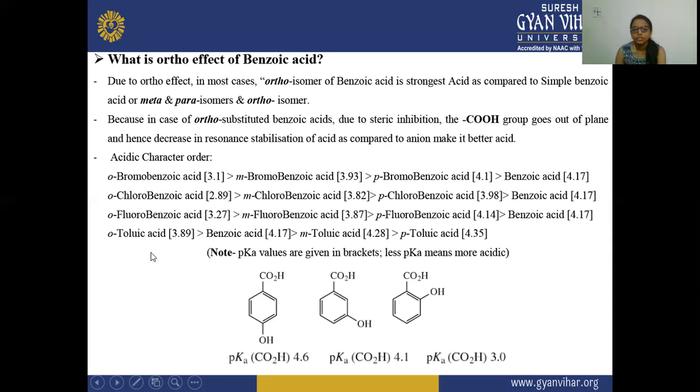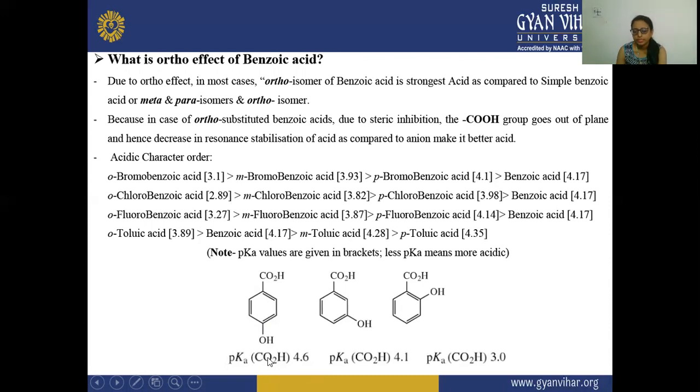Here you can see ortho toluic acid, where a CH3 group is present, having 3.89. After that, benzoic acid is less acidic compared to the meta toluic acid and para toluic acid. And here, the phenol group is present on the meta position, and its pKa value is 4.6.